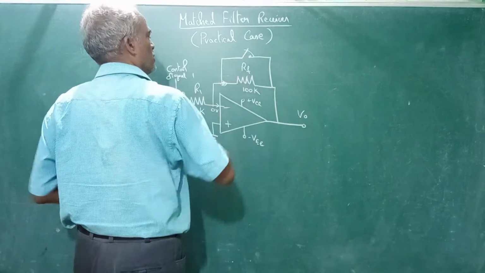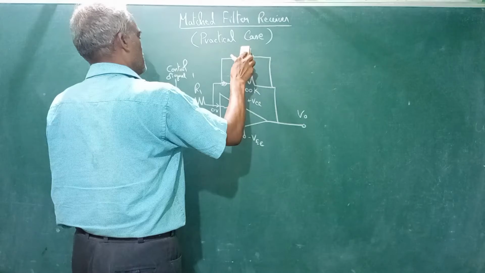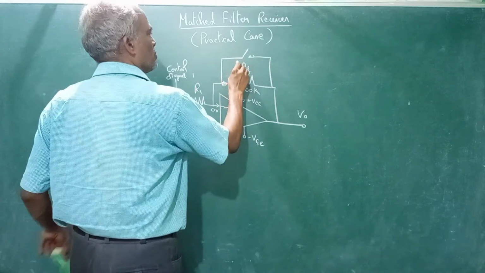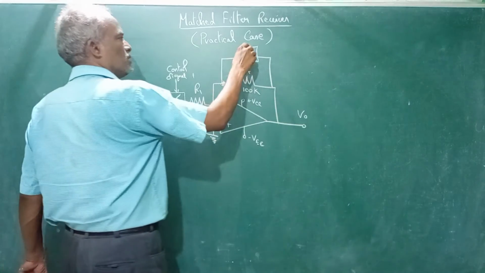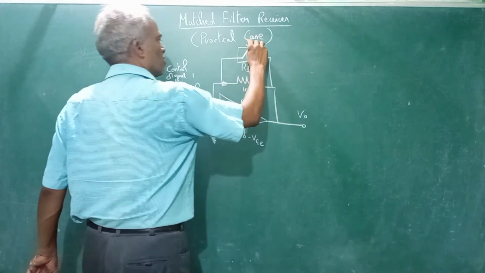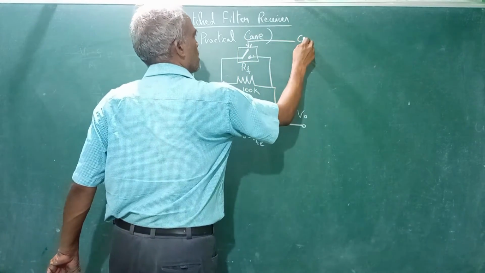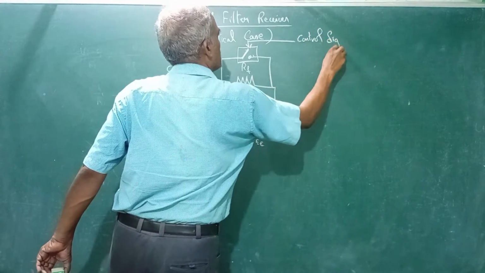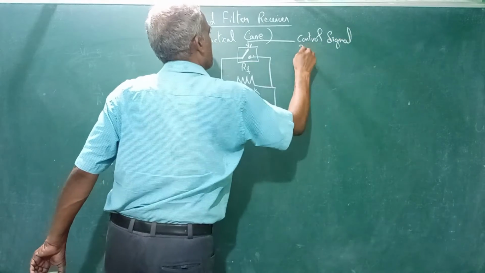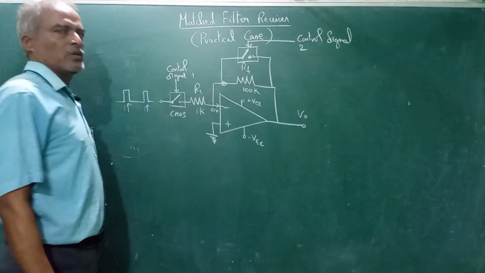This is once again a CMOS switch. Now this will have a control signal here, I am calling it control signal 2, and this also comes from the microcontroller.